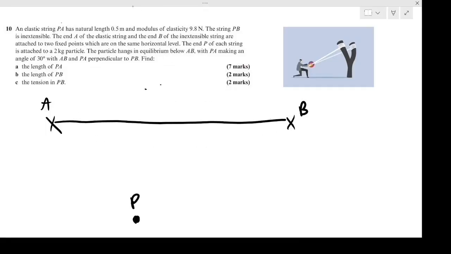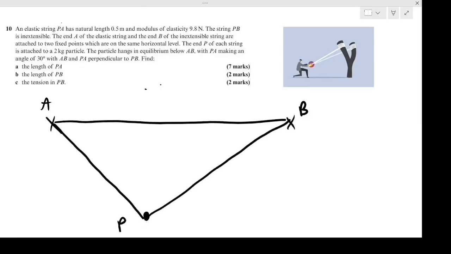And so actually then we get a triangle, right, if we connect these together. There we are. And then we're told that PA, the side PA, makes an angle of 30 with AB.